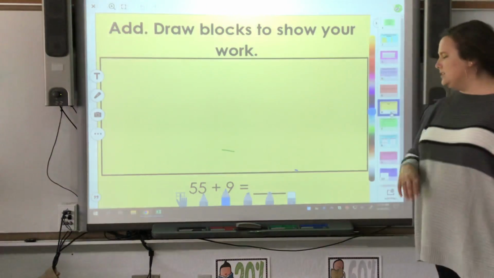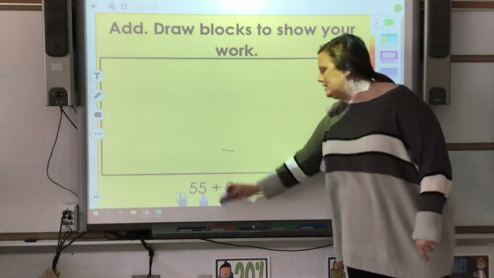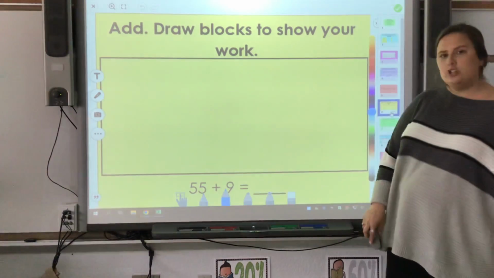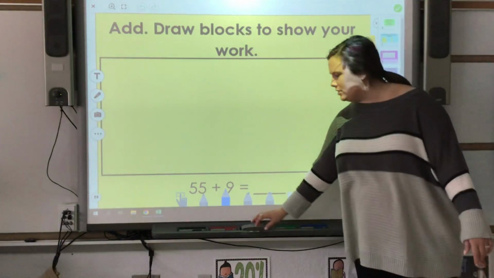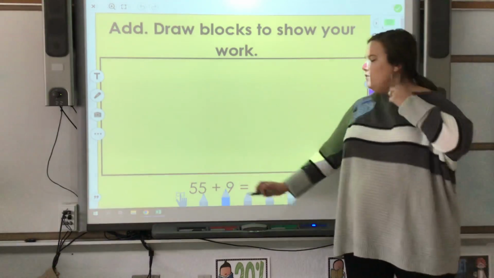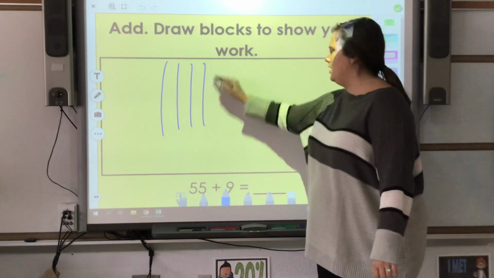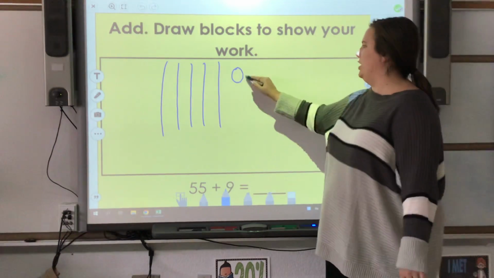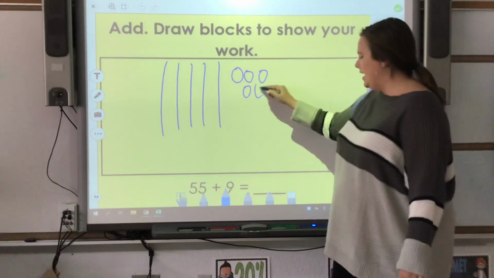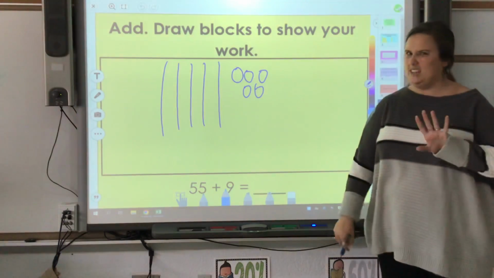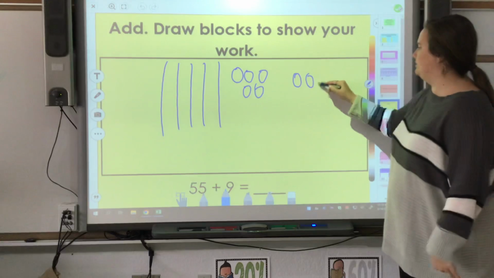All right, this one says draw blocks to add, which is what we were just doing earlier, friends, with our tens and our ones. 55 has 5 tens and 5 ones. And 9 has 0 tens and 9 ones.